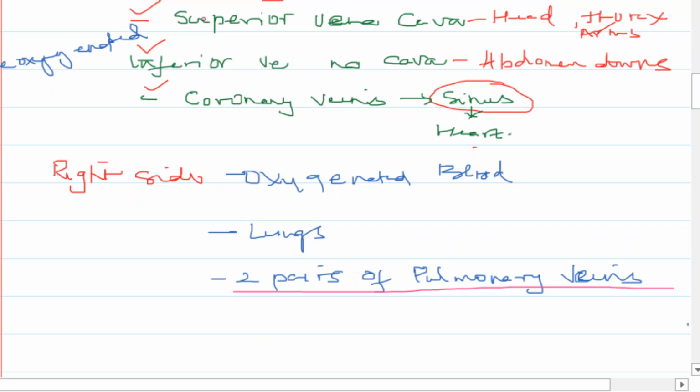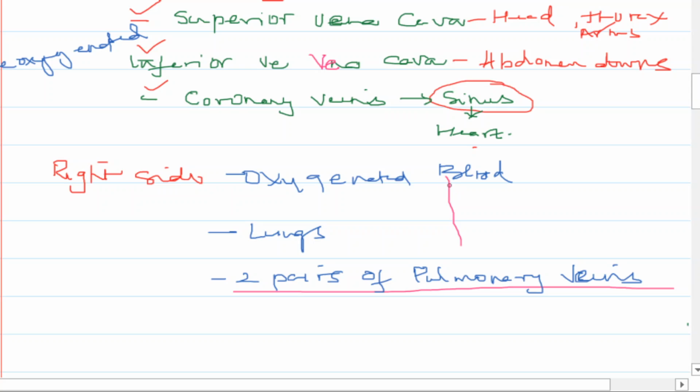right? Mostly in the superior vena cava and inferior vena cava. What happened here? Okay, because it carries deoxygenated blood. But the pulmonary veins and the pulmonary arteries are an exception. Arteries carry oxygenated blood, veins carry deoxygenated blood. But the pulmonary veins and the pulmonary arteries are the reverse. The pulmonary veins carry oxygenated blood.